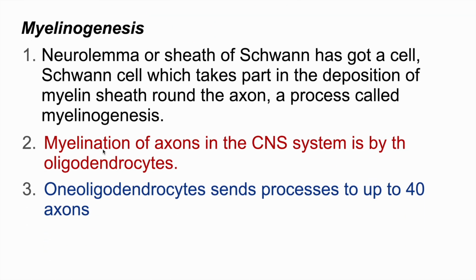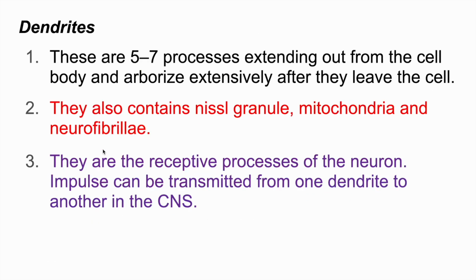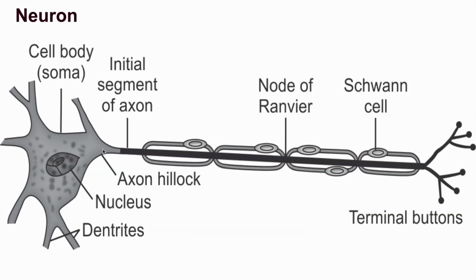In the figure, in the first slide, I have shown you the axon or nerve fiber is covered by myelin sheath. At regular intervals a space is left. It is not continuously covered. It works like an insulator.